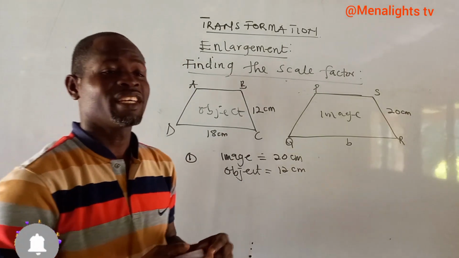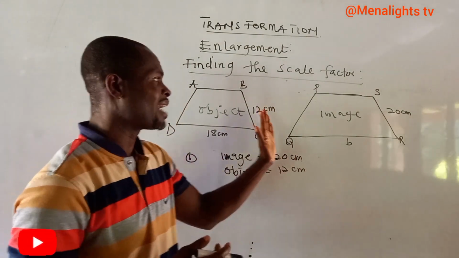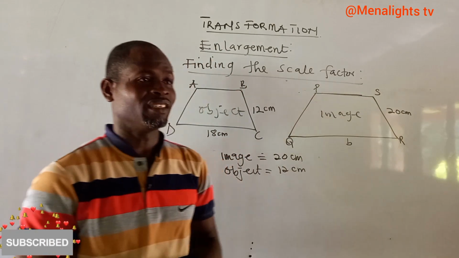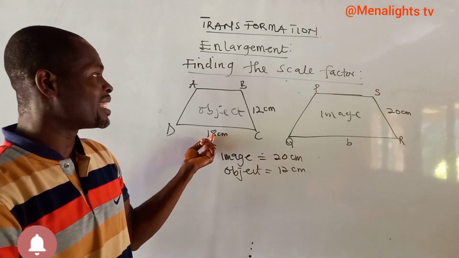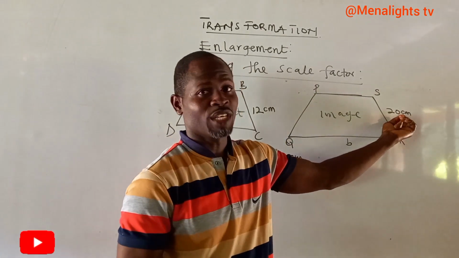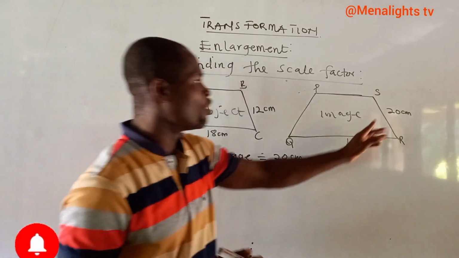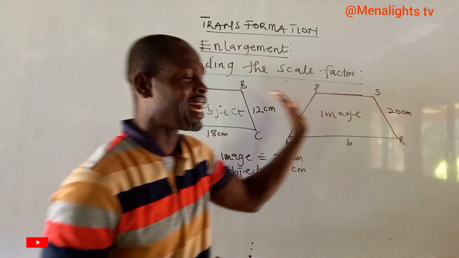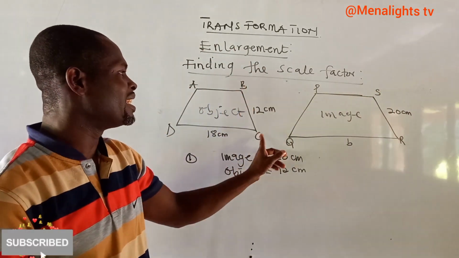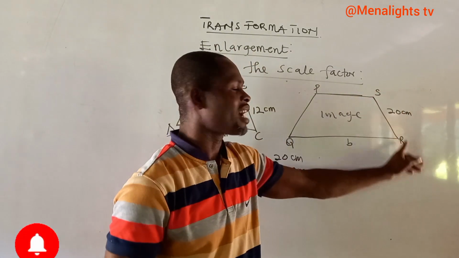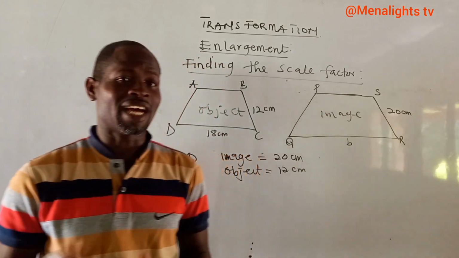Before you pick the values, you have to look at the sides that are similar. I cannot pick the 18 centimeters and work it with the 20 centimeters, because they are not similar. So you have to look at the similar sides. BC is similar to SR.